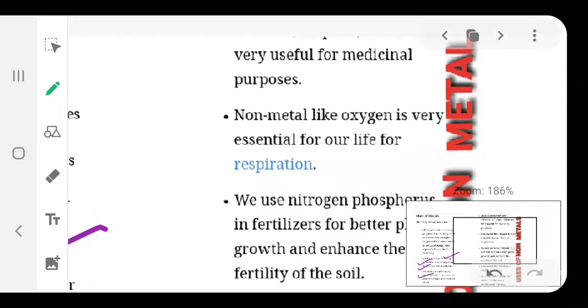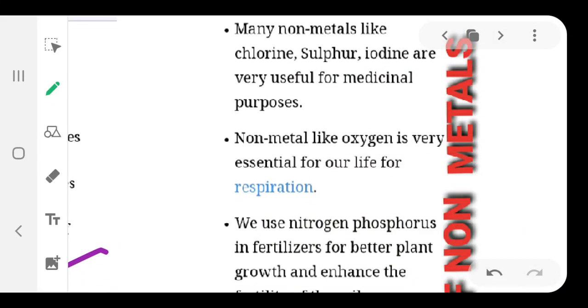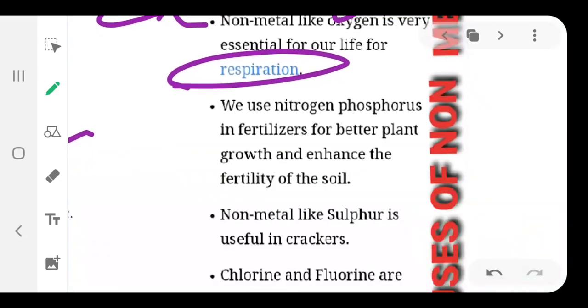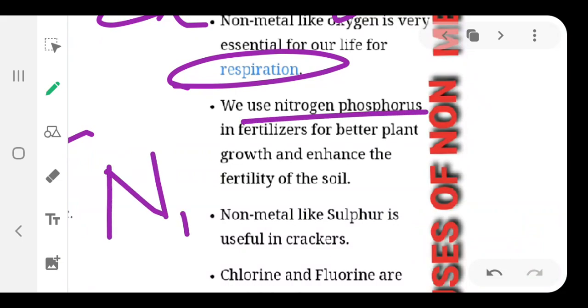Chlorine, symbol Cl, sulfur and iodine have big uses in the medical industry. Oxygen we need for respiration, because we inhale oxygen that keeps us living. Nitrogen, N, and phosphorus, P, are used in fertilizers, which we might have read about in chapter 1.